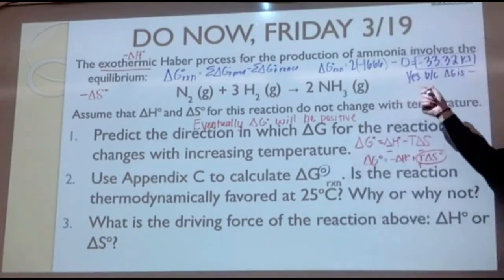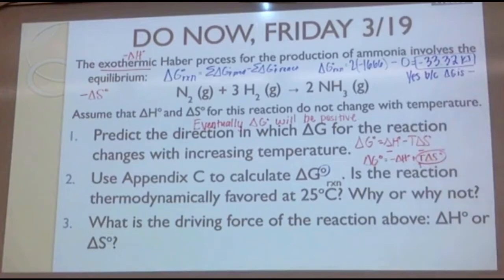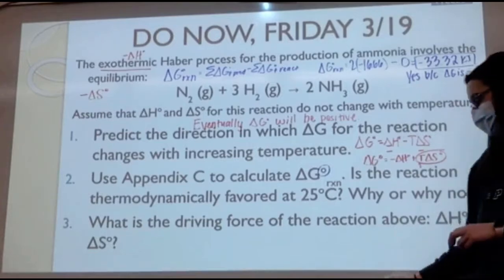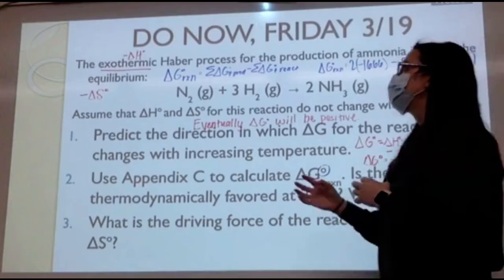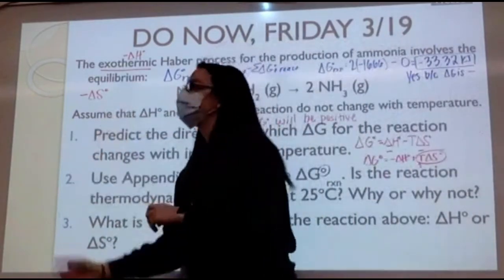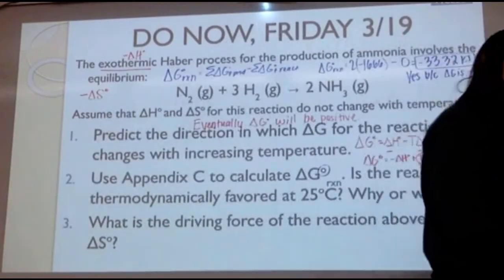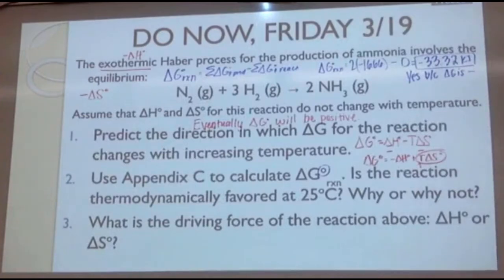So we know that this is spontaneous. Delta G tells us that the reaction is spontaneous. But if we take a look at delta H and delta S, delta H is exothermic, delta S is becoming more ordered. Well, which one of those conditions, if any, does nature favor?